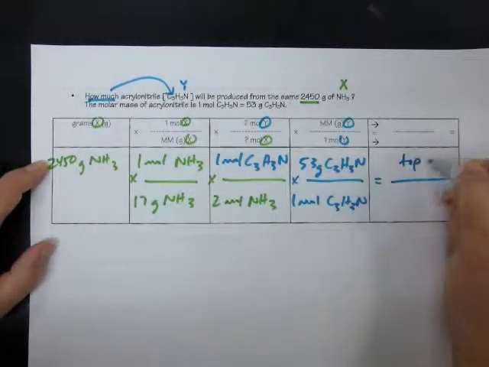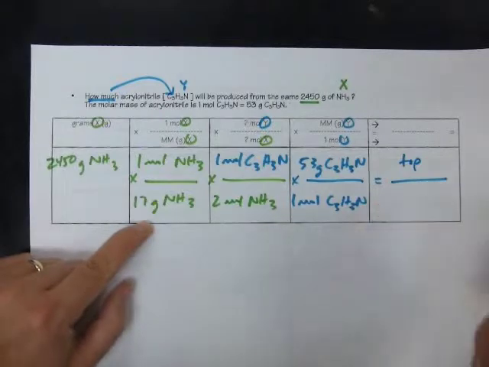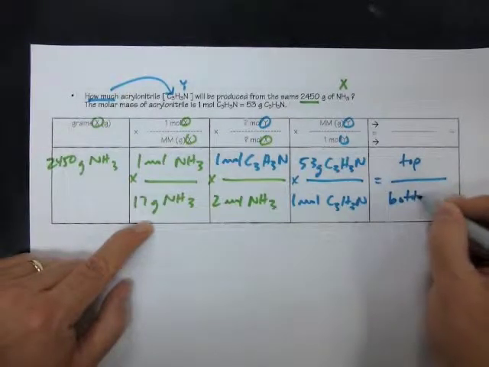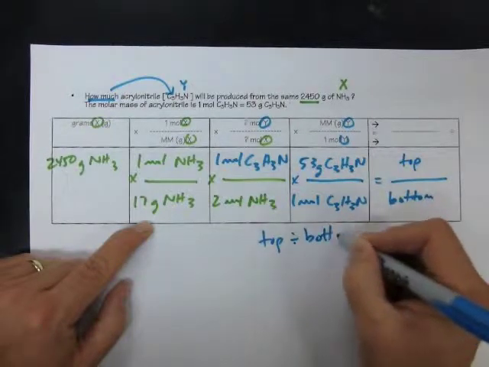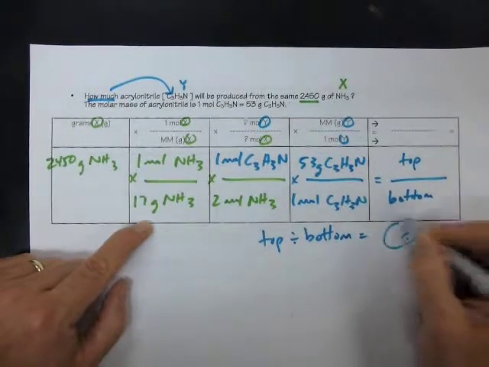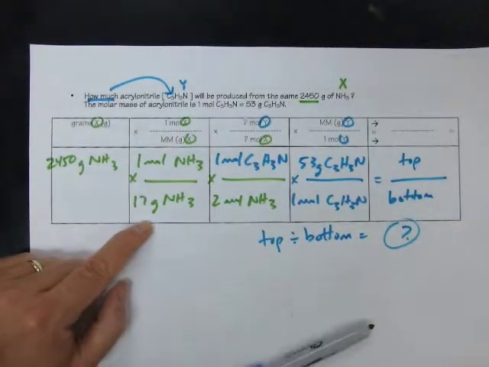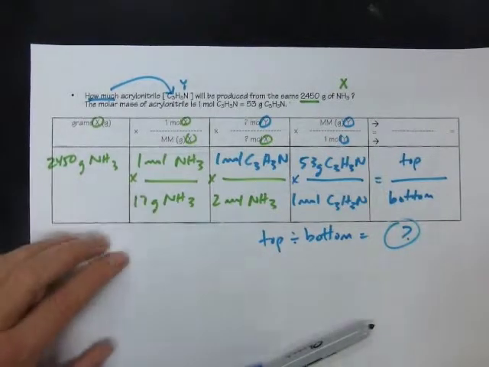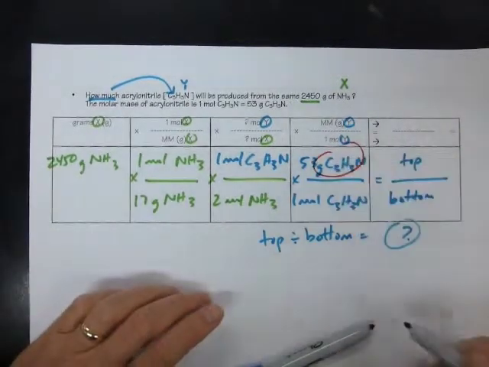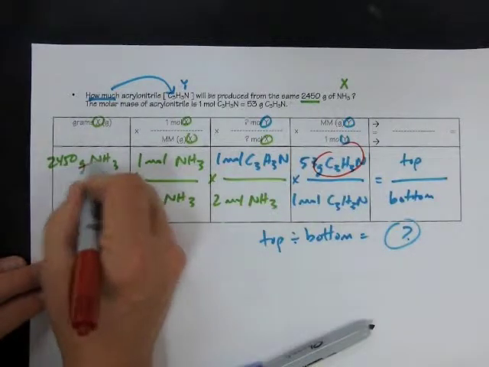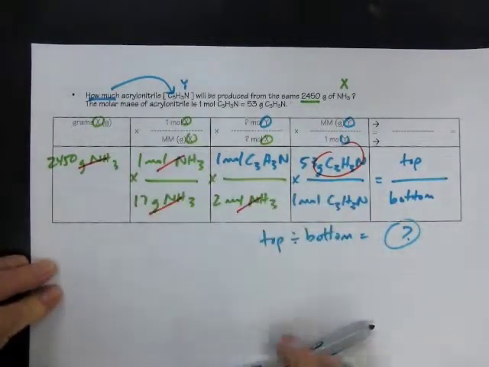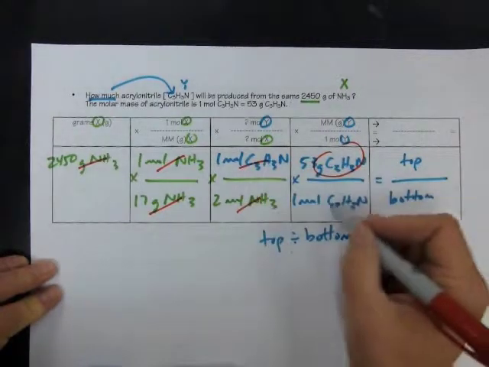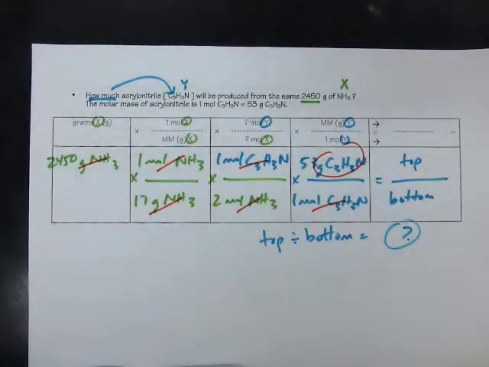Take your top answer, multiply across the bottom, take your bottom answer, and then the top divided by the bottom equals the answer that you're looking for. And the unit is going to be grams of acrylonitrile because all the other units canceled out. The one that we were starting with canceled out, moles of ammonia canceled out, moles of acrylonitrile canceled out. The unit that's left is the one that goes in your answer.